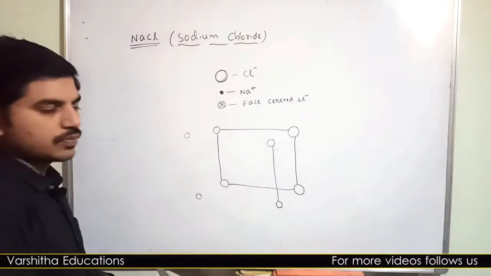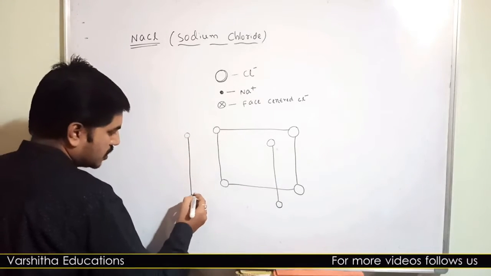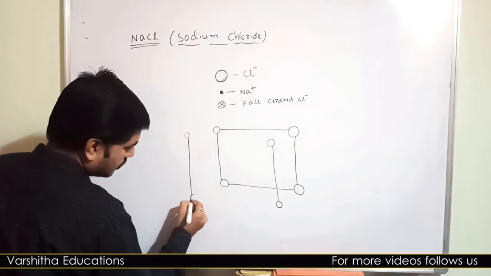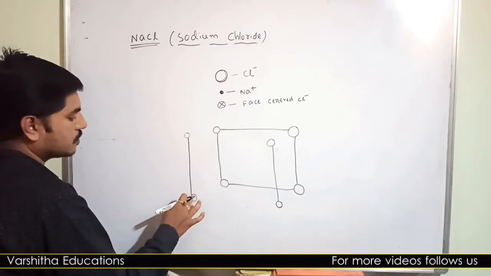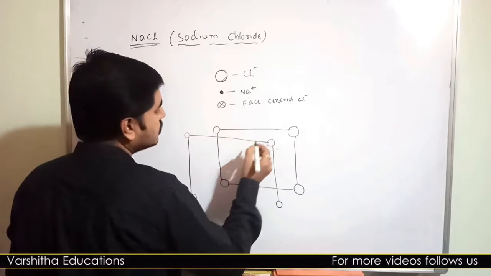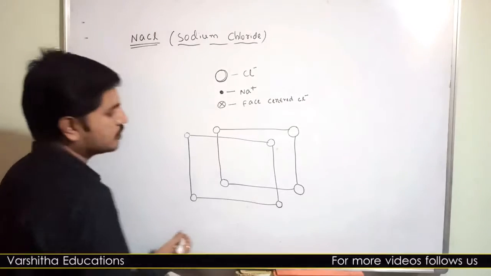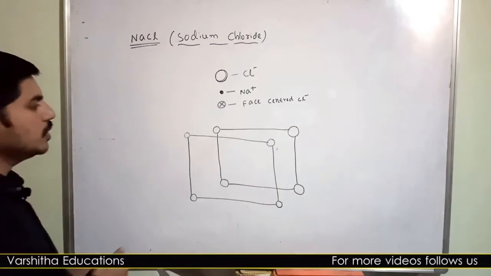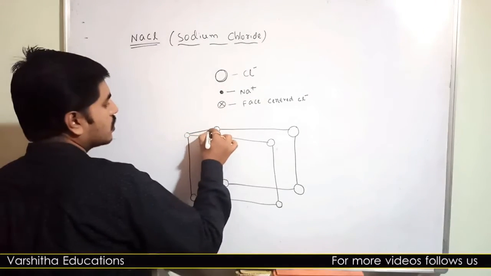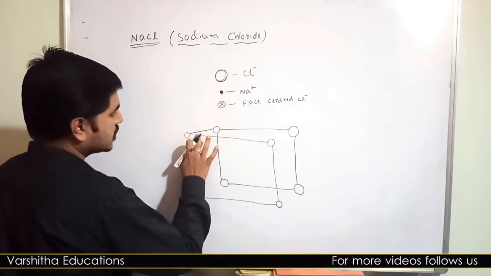So one more, and here also one more circle. Then I am going to join this one, and here also I am going to join. In this I am going to draw one more line.